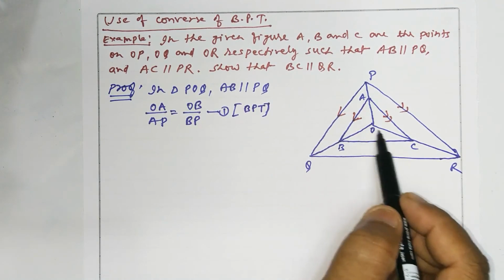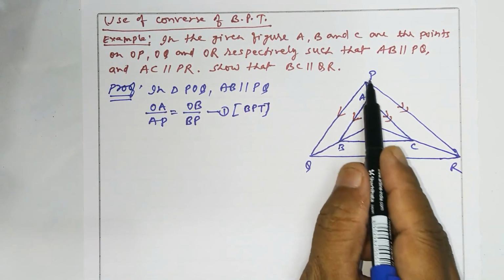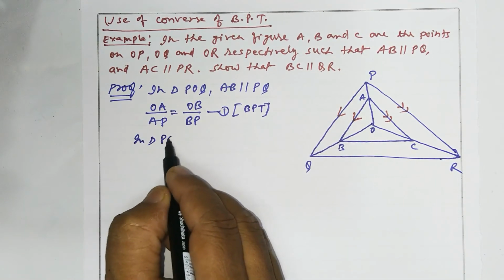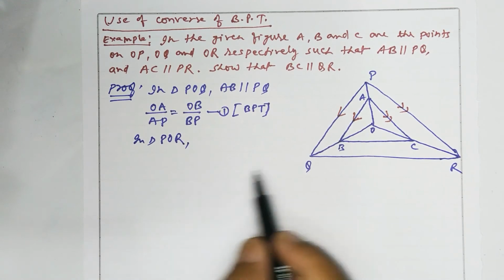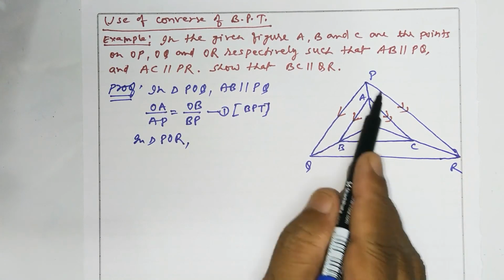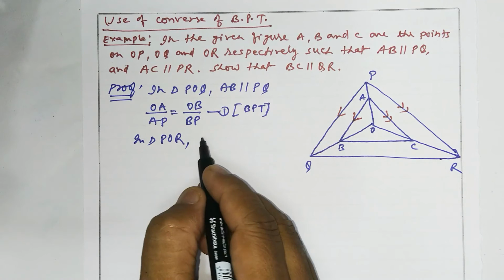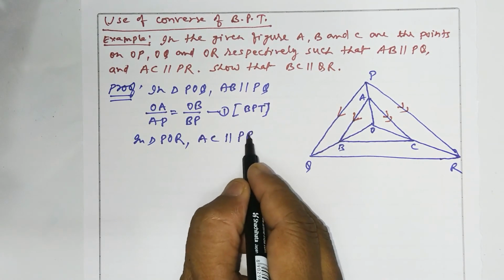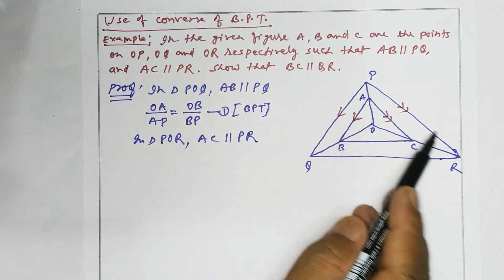Now look at the second triangle, POR. In triangle POR, it is given AC is parallel to PR.